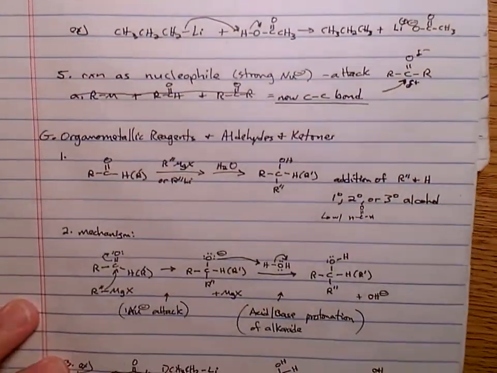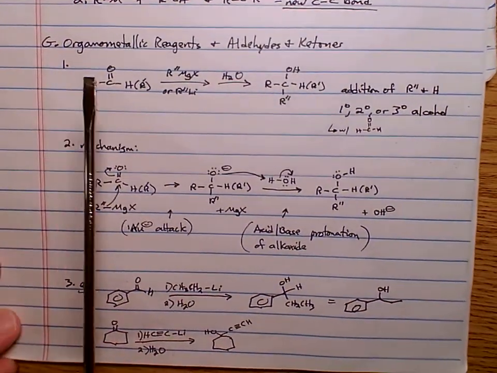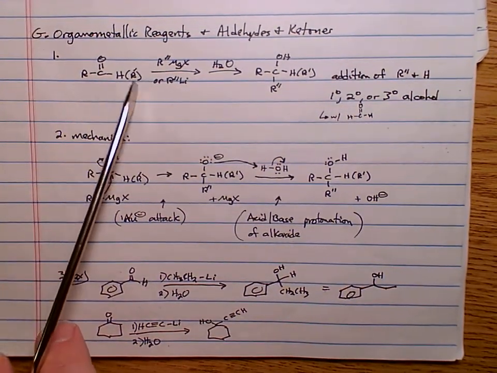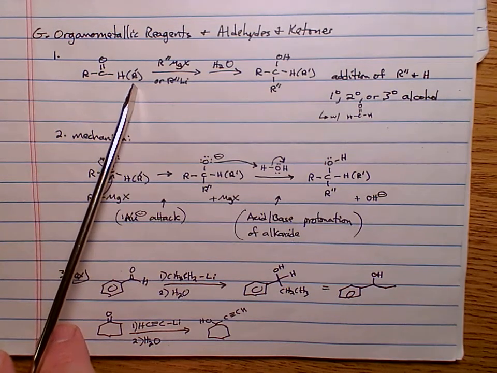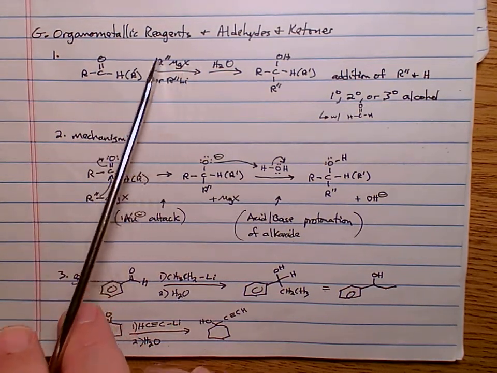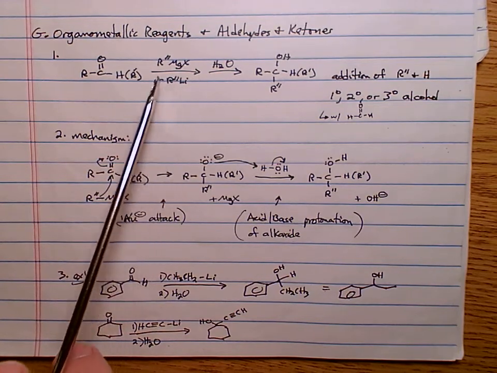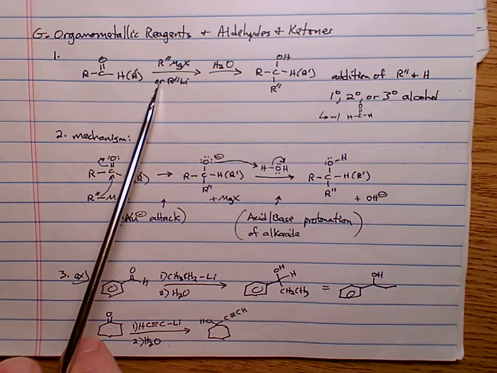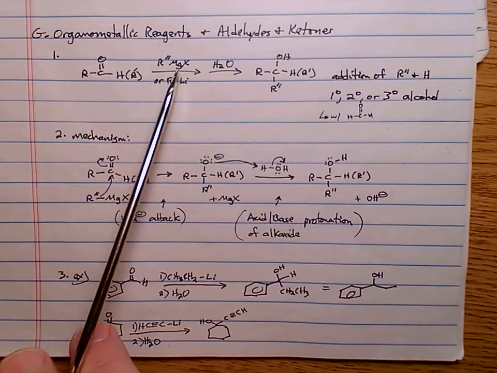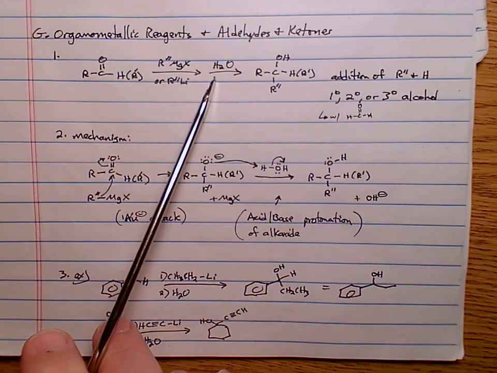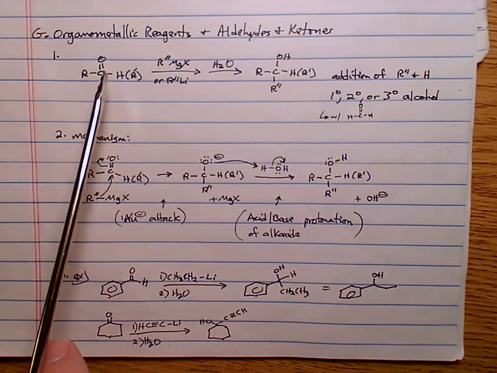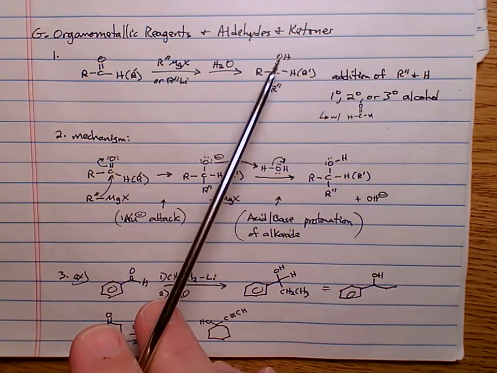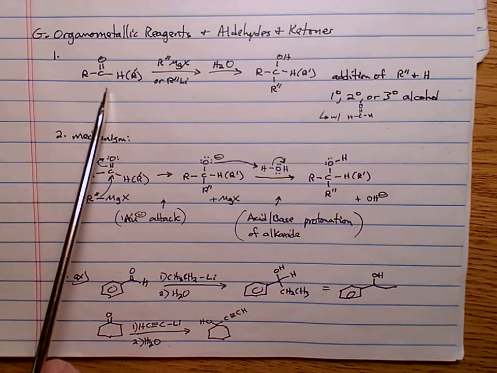Okay, so let's look at some organometallic reagents and aldehydes and ketones. Here's our nice aldehyde here. R prime means it would be a ketone. And if we took this Grignard reagent or an alkyl lithium, followed by water, 2 reactions, do the organometallic reaction first, and then add water later, you convert an aldehyde or ketone into an alcohol, a primary or secondary or tertiary alcohol, depending on what you start with.